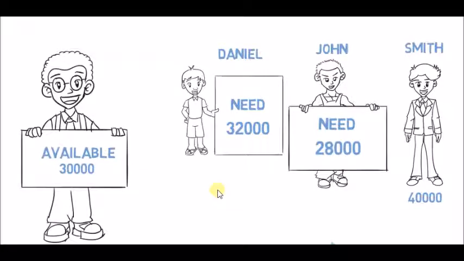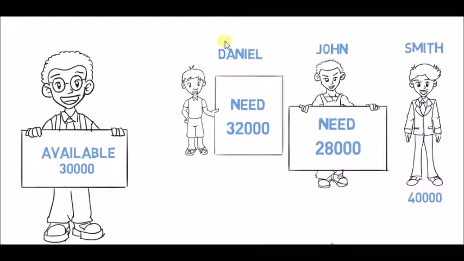So let's see how this safety algorithm works. Let's take the previous example of providing a loan to our customers, but this time we have only 30,000 rupees available. Now we have three customers, Daniel, John and Smith, and all are requesting a loan at the same time. So let's check the requests one by one.